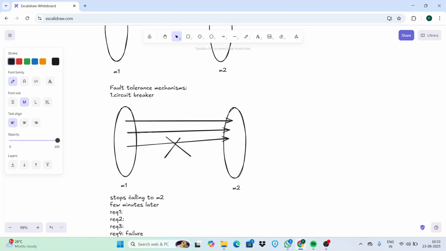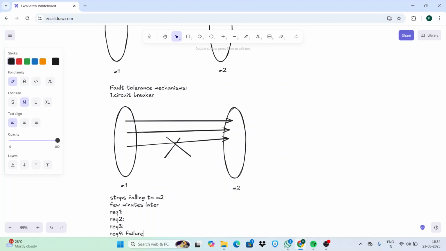What happens by this? See, M1 unnecessarily keeps its resources busy sending requests to M2, and increases the burden on M2 also. So M1 and M2 both suffer. After many requests, M2 gets hung and M1 also exhausts its resources.